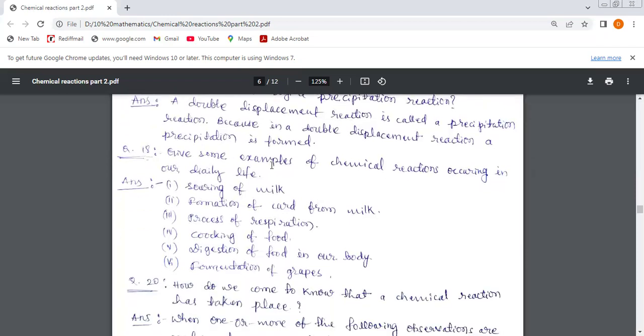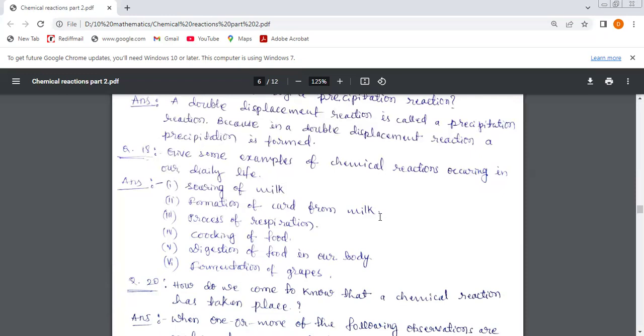Give some examples of chemical reactions occurring in our daily life. These are chemical reactions: souring of milk. If you keep milk unheated for a longer time in the open space, it becomes sour. That's another problem.